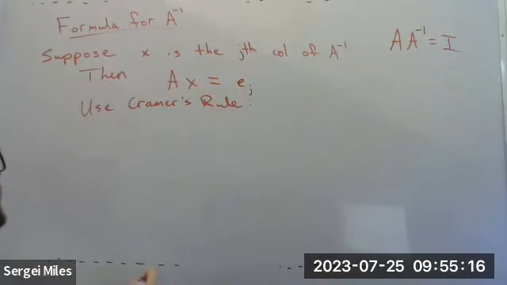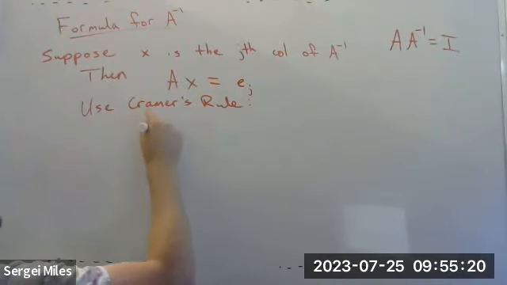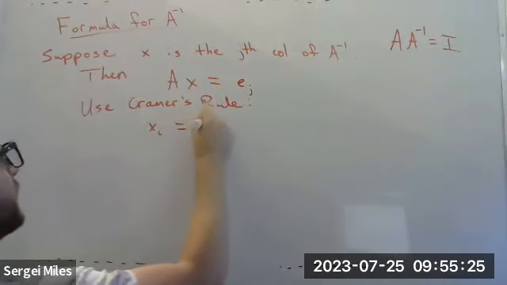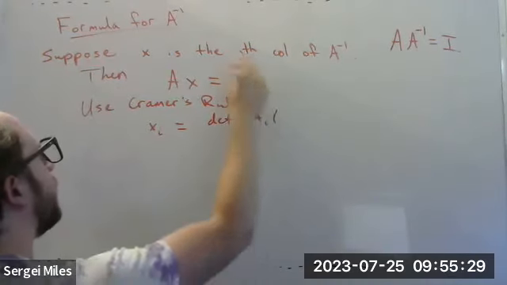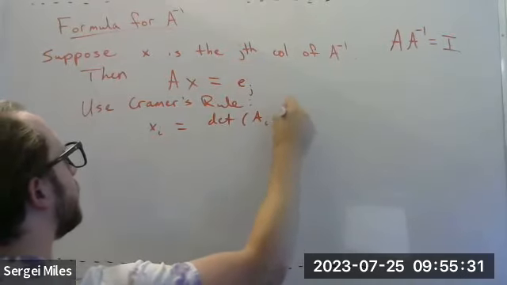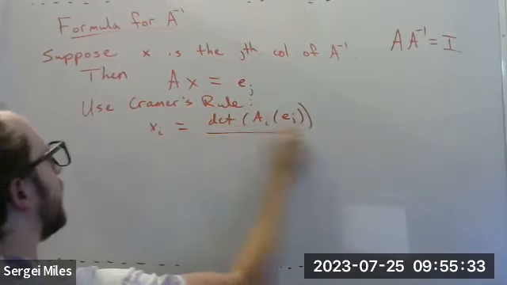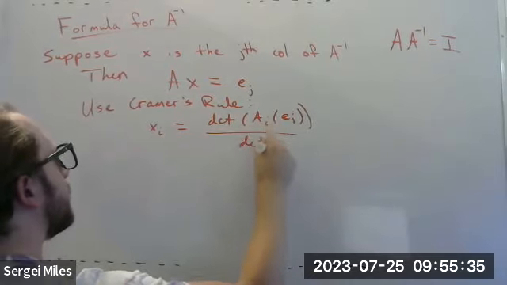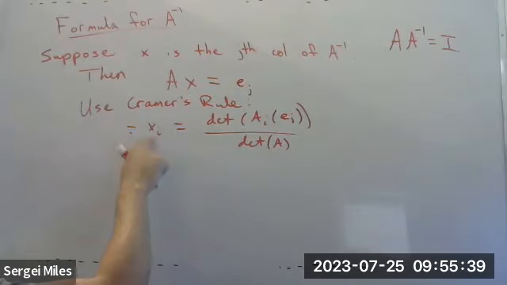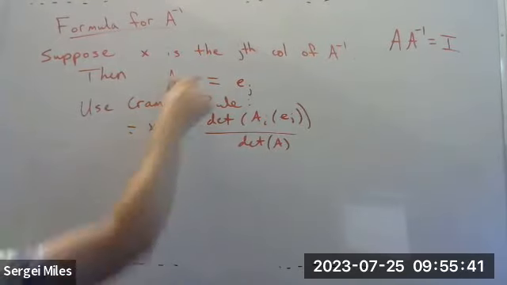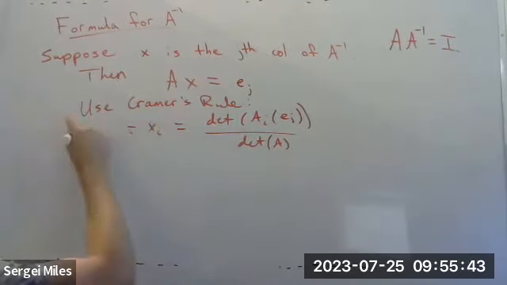According to Cramer's rule, if I want to find the ith entry of this X, then I need to take the determinant of A_i, the matrix with the ith column replaced by e_j, and divide it by the determinant of A. But this X sub i was the ith entry of the jth column.